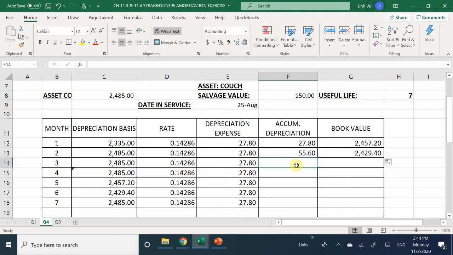So what's the formula for accumulated depreciation?